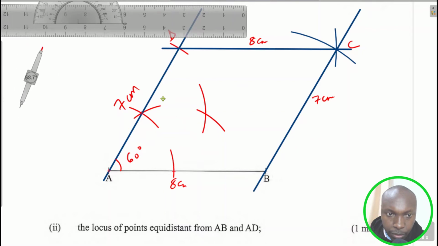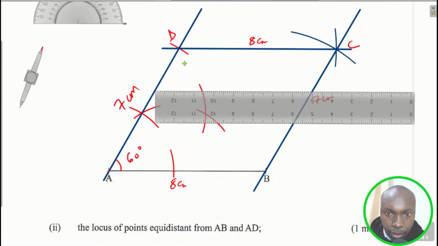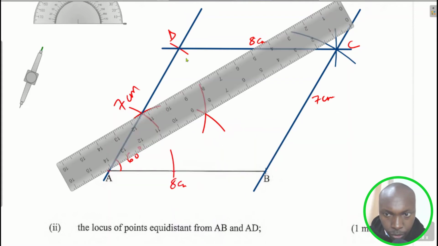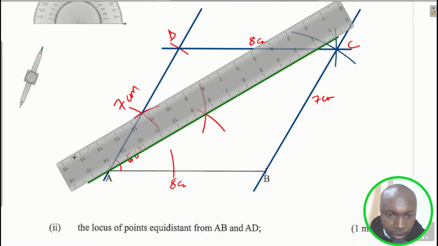Then take a ruler and join using a straight line to the point of intersection. That is the locus of points equidistant from AB and AD.